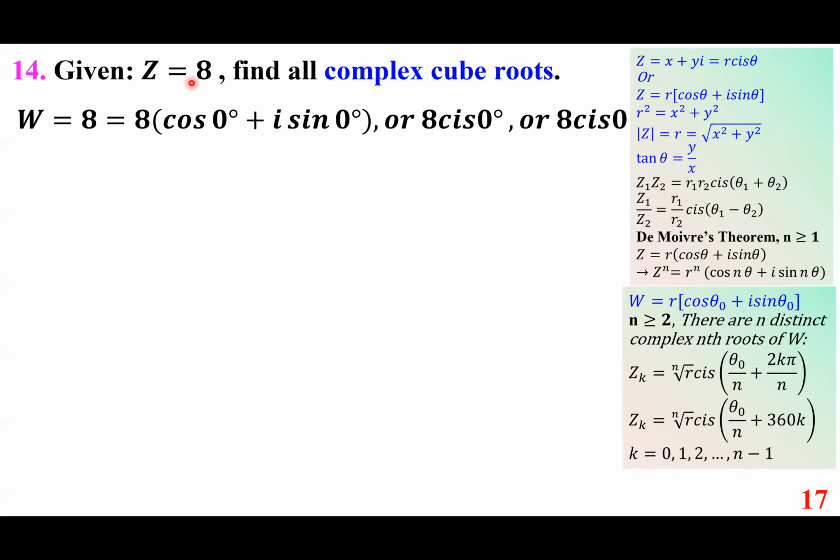So z equals 8, we have a and b is 0, and so the angle that it makes with the polar axis is 0. That's why in r cis theta, the value of theta is 0 degrees.